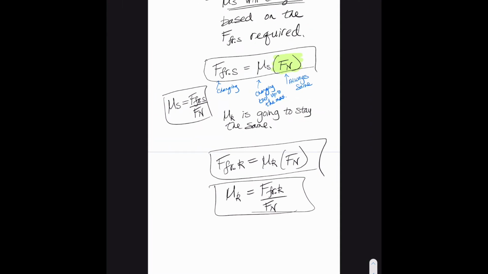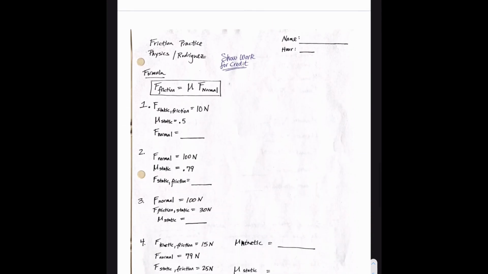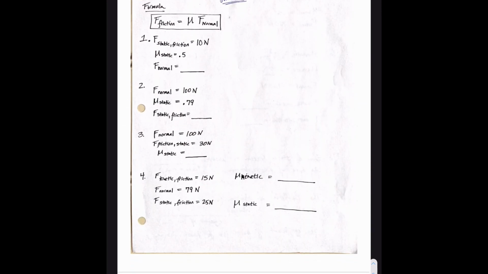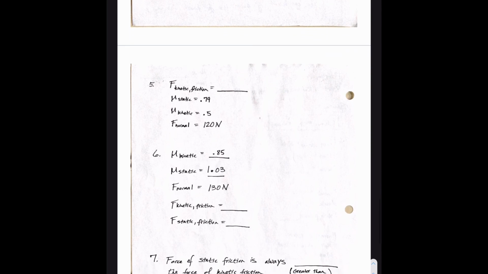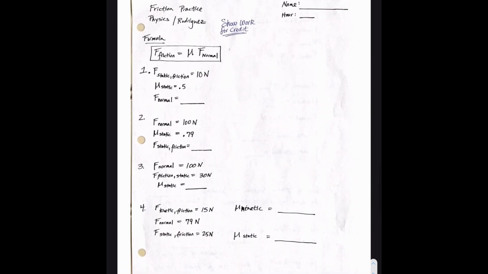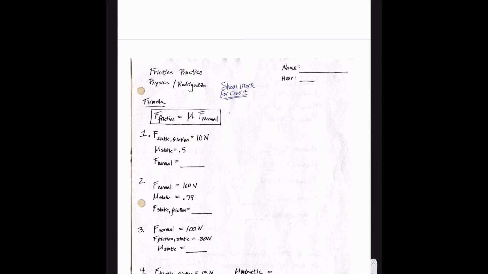Okay, let's go down and look at some of the practice problems we're going to do. Here, not too tough. This is just going to be using your formulas to solve. Remember, you might have to solve for force normal.